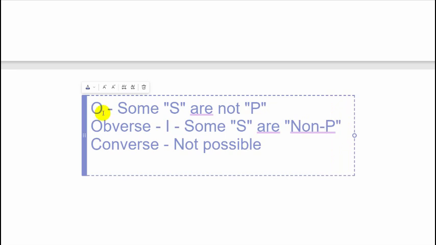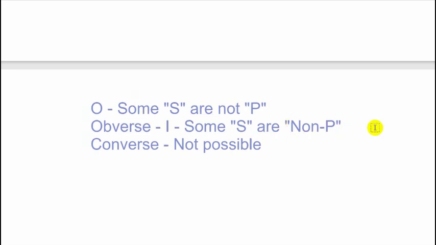So O proposition states some S are not P, and if you want to make it an obverse of that, we say some S are non-P. The meaning is the same, the meaning still remains the same.